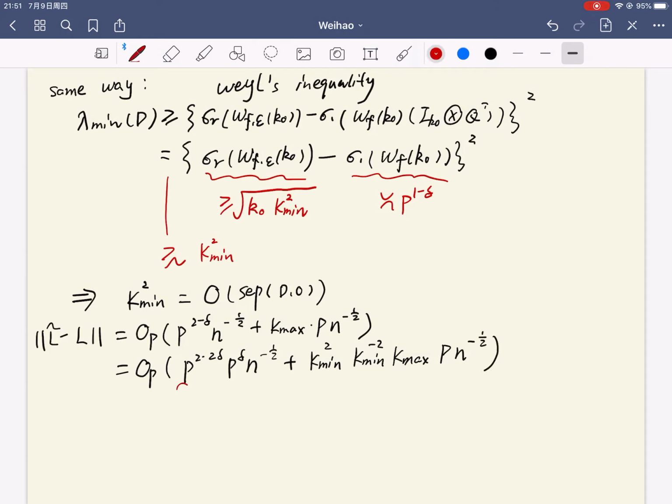Notice that this is little o of kappa min, and this is little o1.